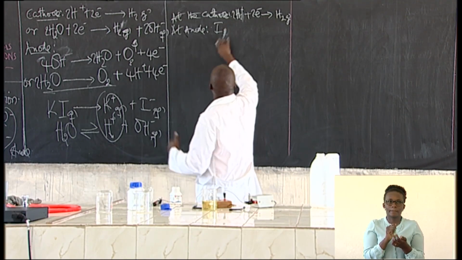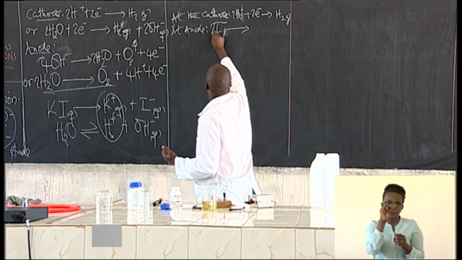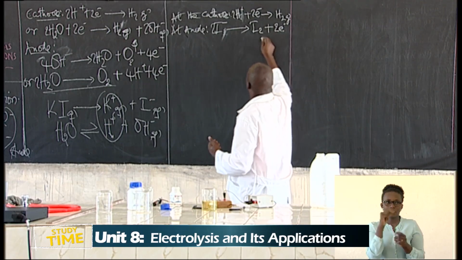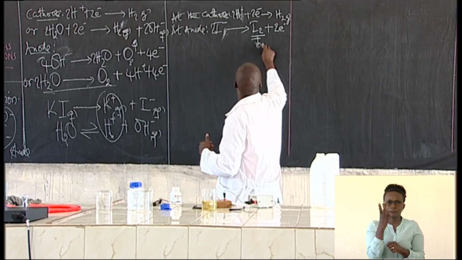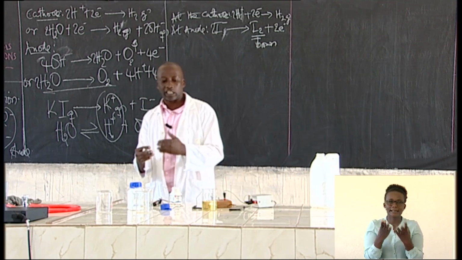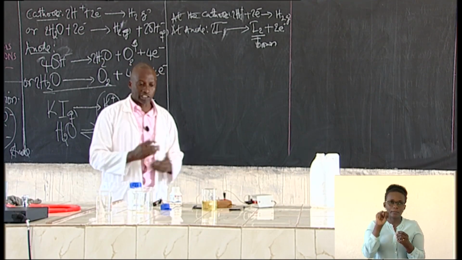The iodide ions change to form iodine, I2, plus the 2 electrons. This is the iodine, which is brown in color. It is the one that is changing the solution to yellowish brown. So that is what is happening.